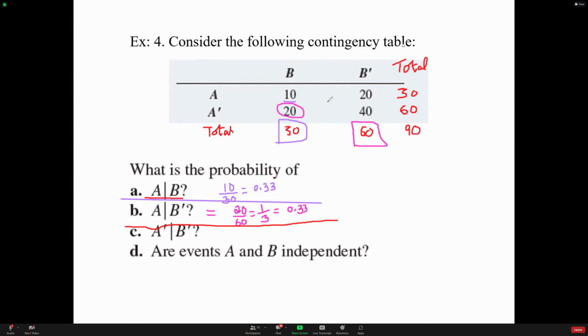B complement has occurred means again we'll be looking at this number. Then for the probability of A complement, for B complement, this is 40. So for part C, we can write the probability of A complement given B complement has occurred is 40 over 60.